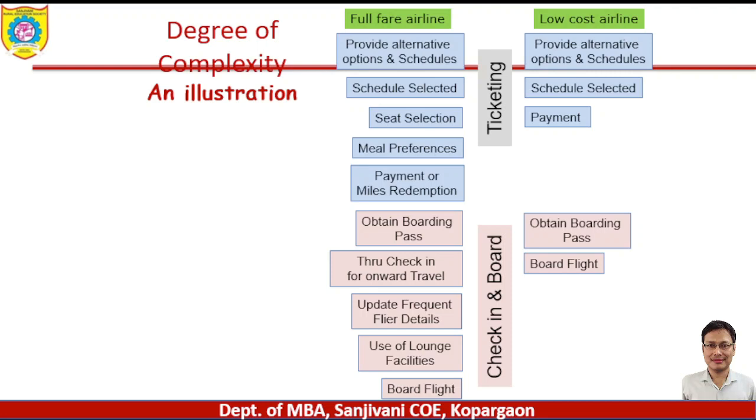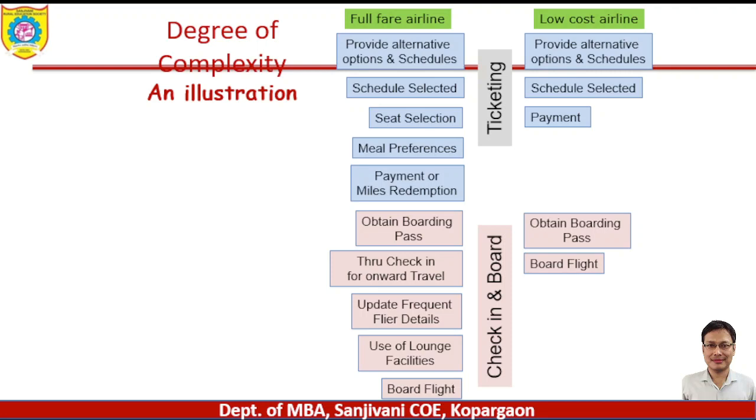Whereas in the case of the full fare airline, beyond these three features, more features are added in its ticketing service, like seat selection, meal preference, and redemption of miles. Even in the check-in and boarding step, the low-cost airline is providing only two features in our example, whereas the full fare airline is providing five service features.